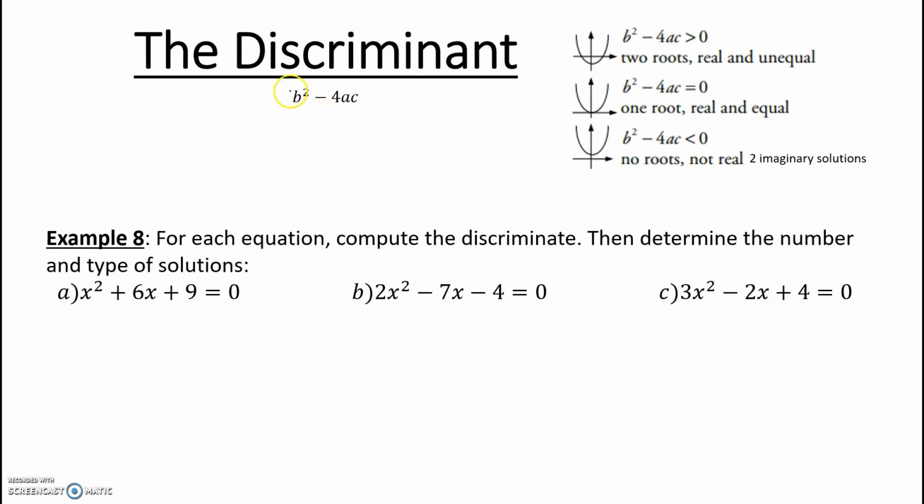The discriminant. So in the quadratic formula, everything that's under that square root, b squared minus 4ac, is called the discriminant. And this tells you something about your solutions, right? If this number is positive, greater than 0, you're going to wind up with two real roots.